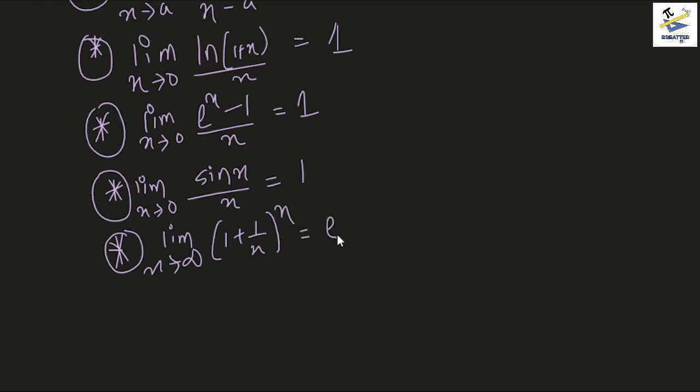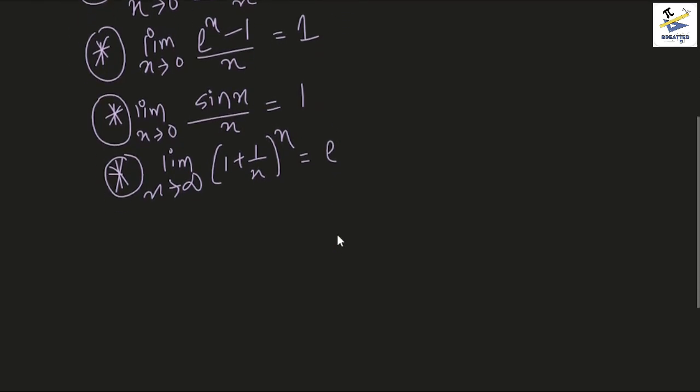And this is equal to the exponential number e. Right, so this completes the basic definitions for all the results on limits. And now the definition of derivative, just to recall.